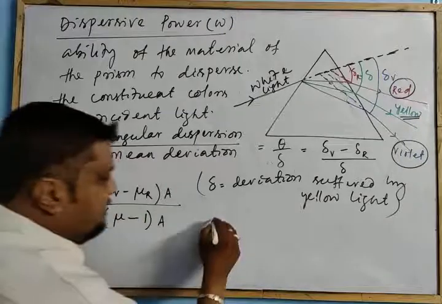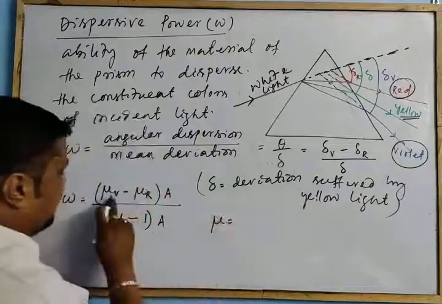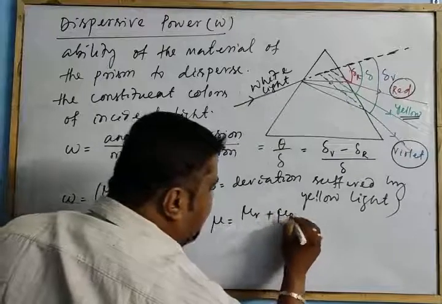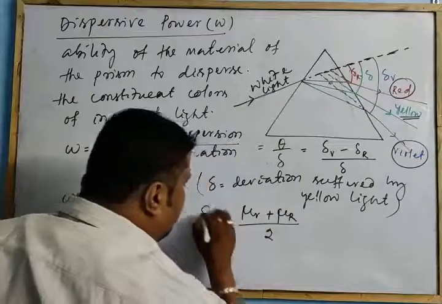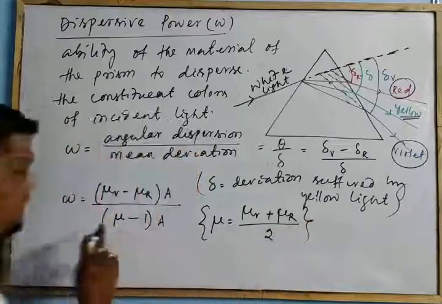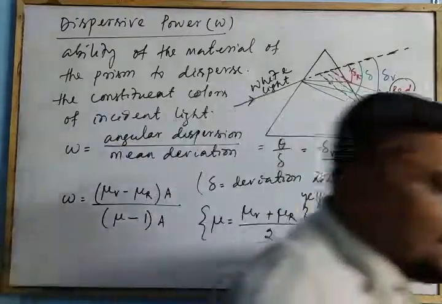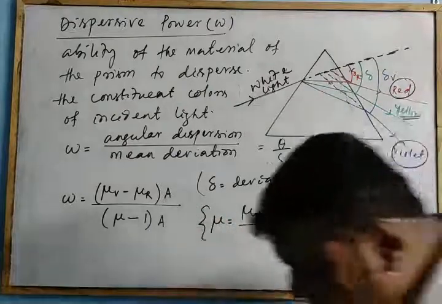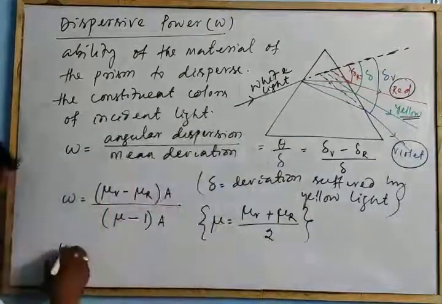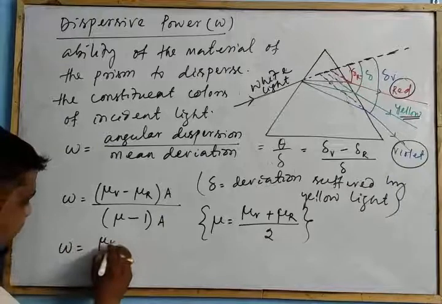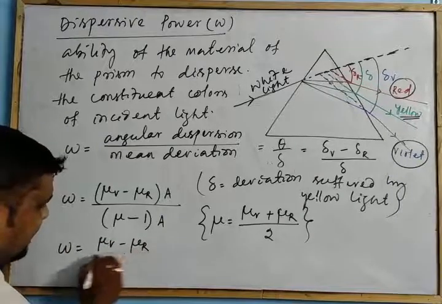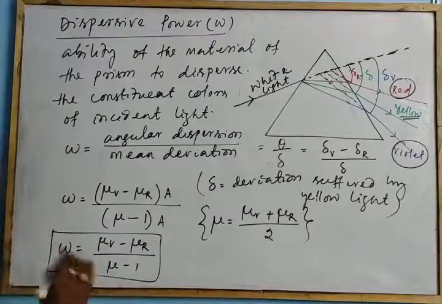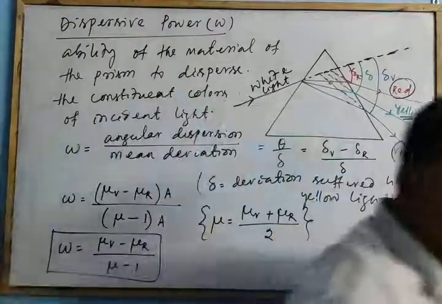Mu is the mean of the refractive index, for violet and red we can write mu V plus mu R by 2, that is the mean. Delta is equal to mu minus 1 into A. So this A gets cancelled, and I can write omega as mu V minus mu R divided by mu minus 1. This is the dispersive power. Clear?